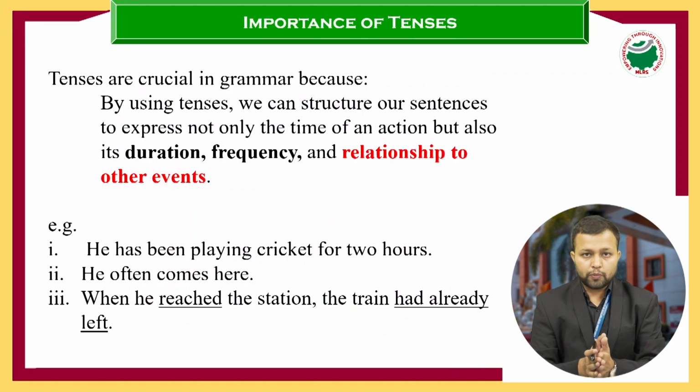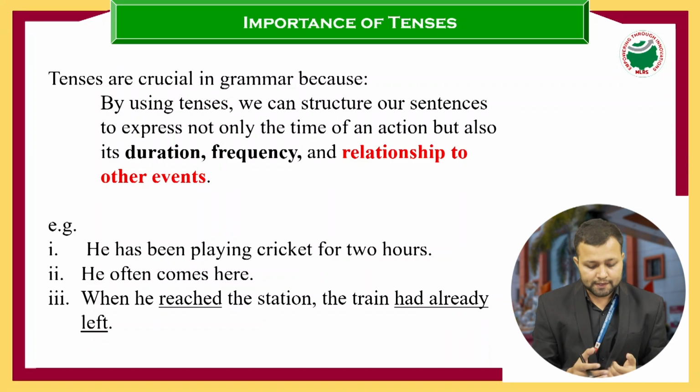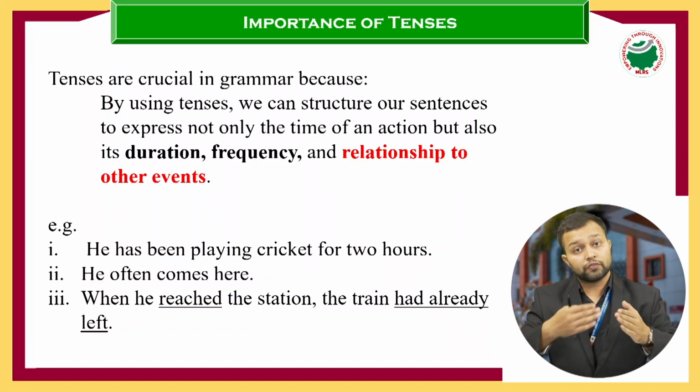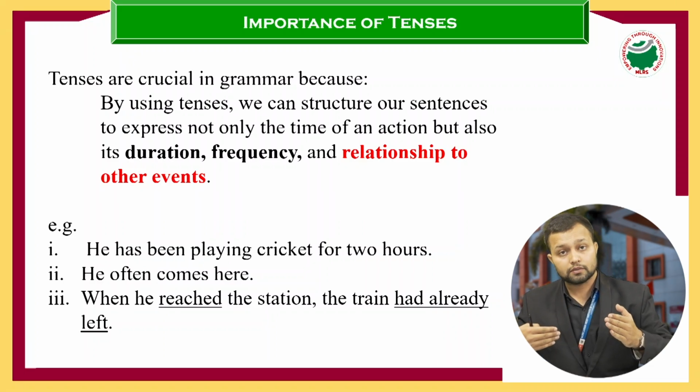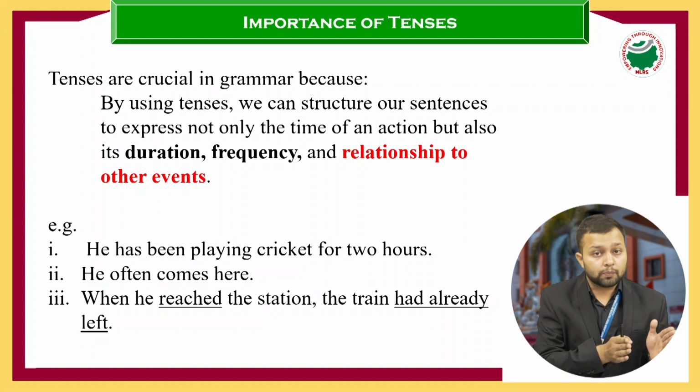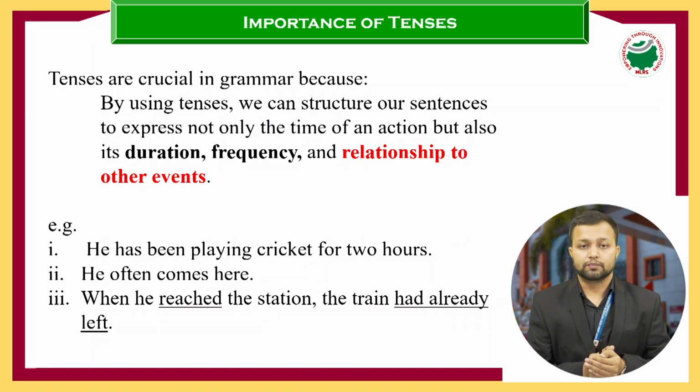Moving on to the importance of tenses. Tenses are crucial in grammar and in our day-to-day life. Why? Because by using tenses, we can structure our sentences to express not only the time, but also its duration, frequency, and relationship to other events.